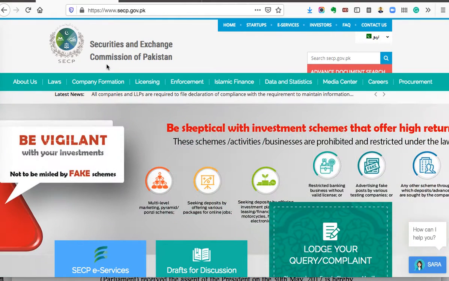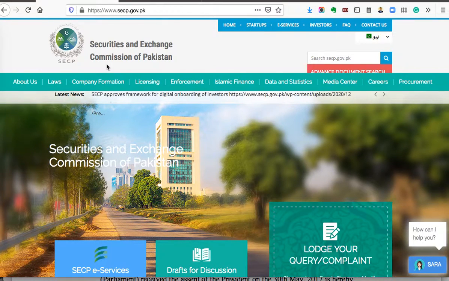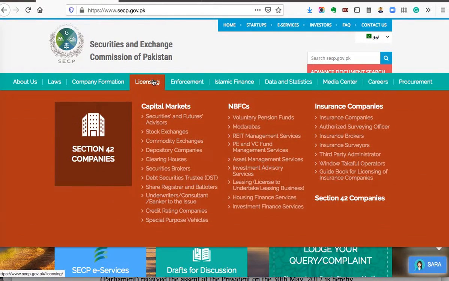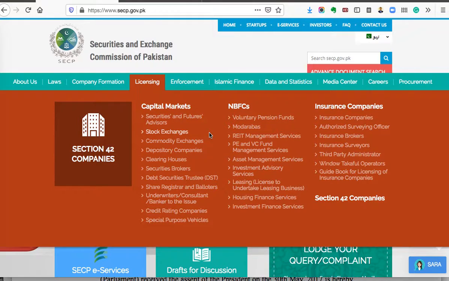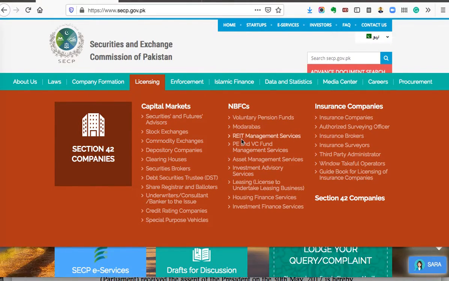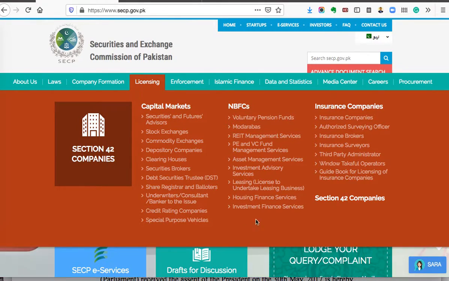And what will be the law and rules, we'll see in the Companies Act 2017. But if you want to open a financial market company, a company which deals with financials, insurance, venture capital, real estate, investment management services, or a charity company, you have to open it under Section 42, a charity company.